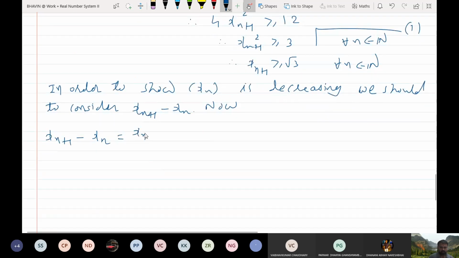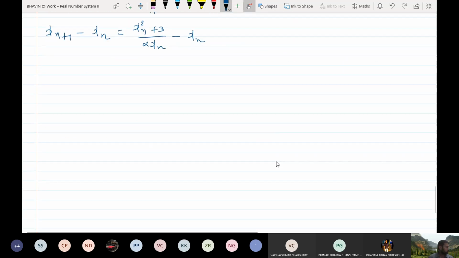So xn square plus 3, I will keep xn as it is. Now this is nothing but (xn square plus 3 minus 2 xn square) upon 2xn, so this is nothing but minus (xn square plus 3) upon 2xn.